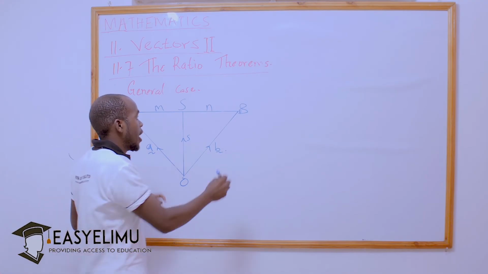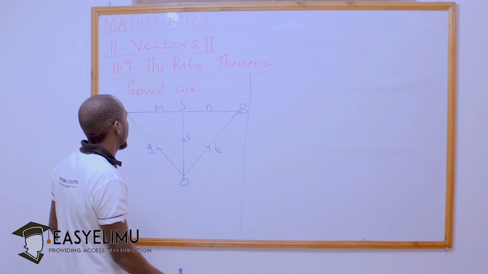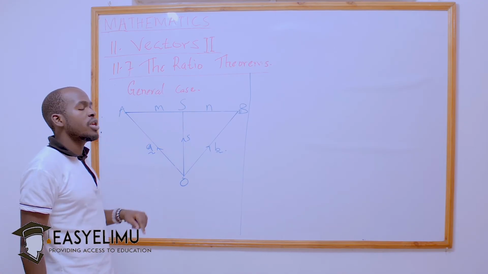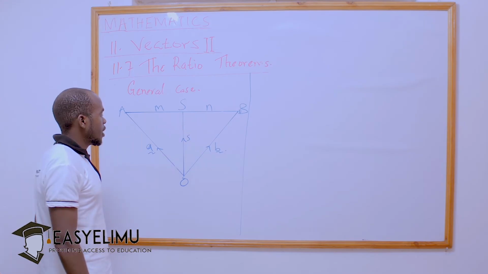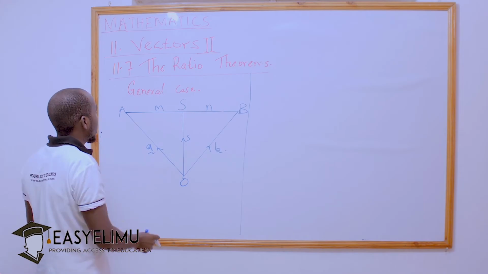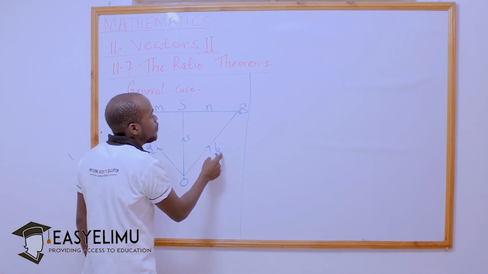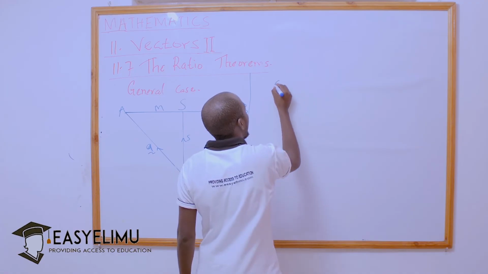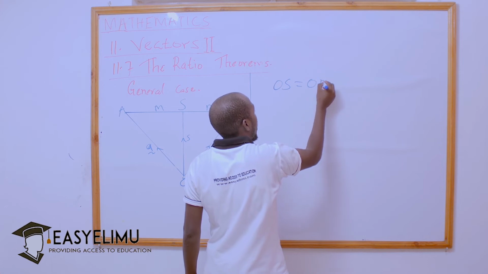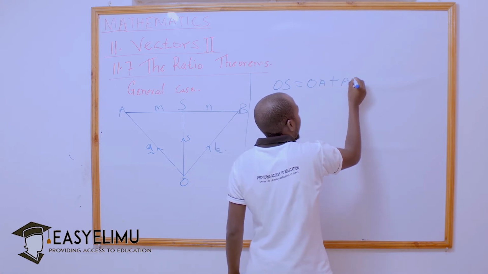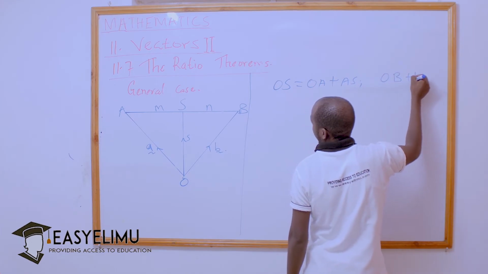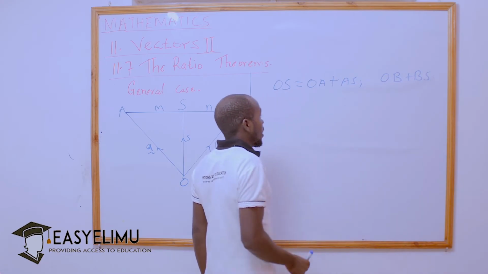This is my triangle here, and in case I'm having point S dividing line AB in the ratio m to n, then I can give the positional vector of S in terms of A and B, such that we can have OS equal to, we can do it in two ways, that is OA plus AS, or we do it by the way of OB plus BS. Still we can find the same answer.